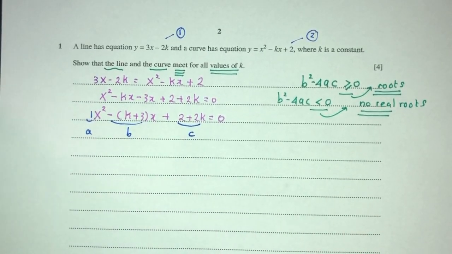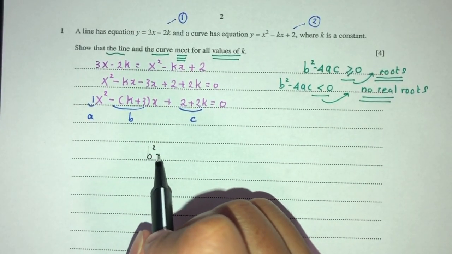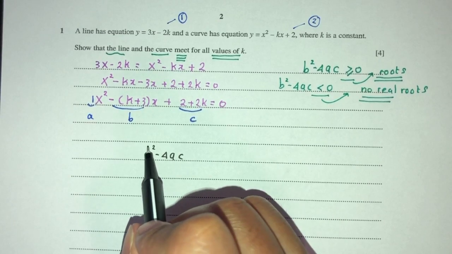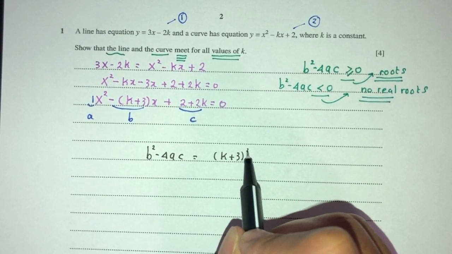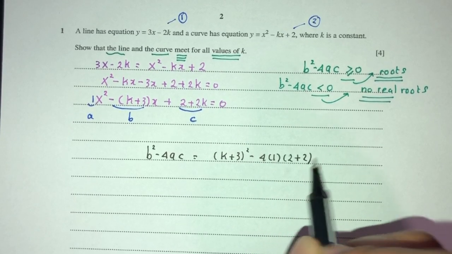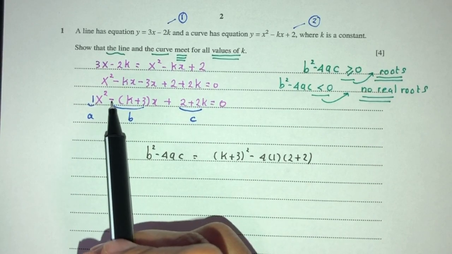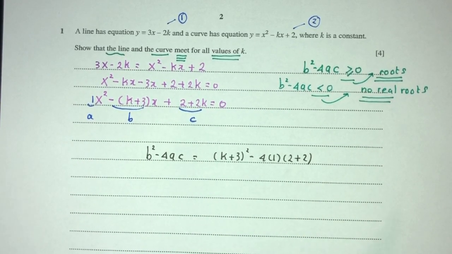So therefore we have to test. Now let's of course use our formula here. b squared minus 4ac. b squared is (k plus 3) squared minus 4 times a times c. Now of course you might be asking about the negative sign, so when you square something it will become positive, so there's no need to write that.